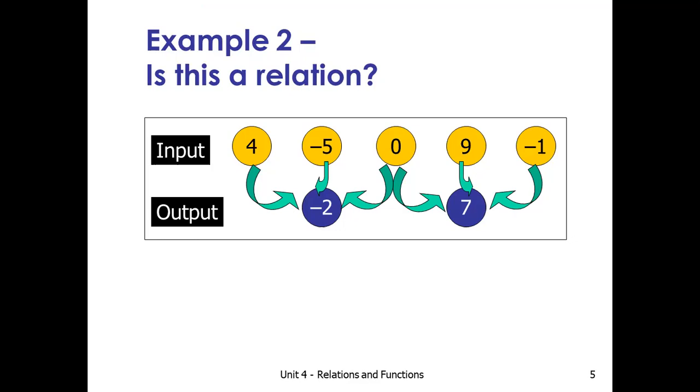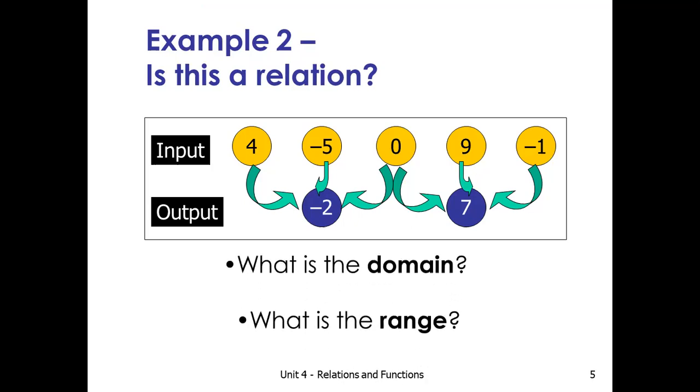So when we say in an equation, y as a function of x, your domain is the x and your range is the y. Okay? So your input is defined as -5, 0, 9, -1 for this example, and then the range, which are the output or the y, as -2 and 7.